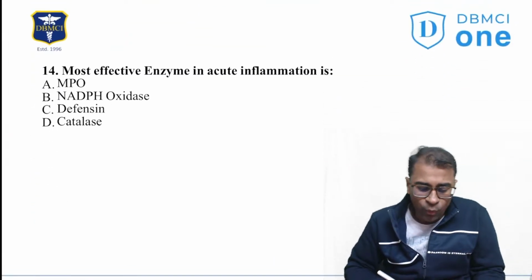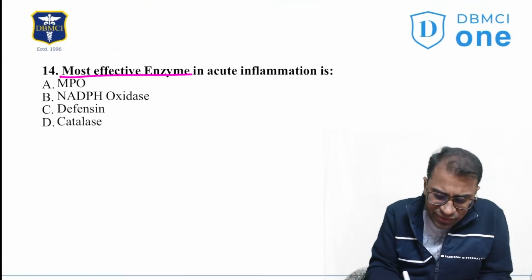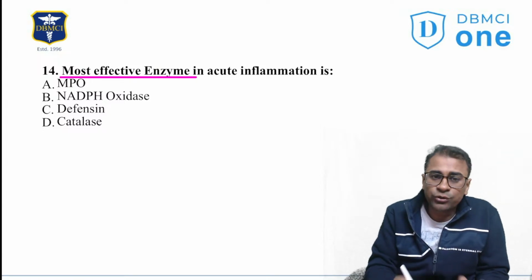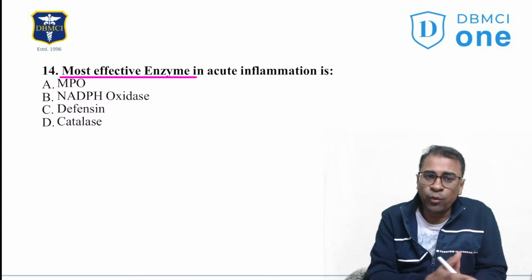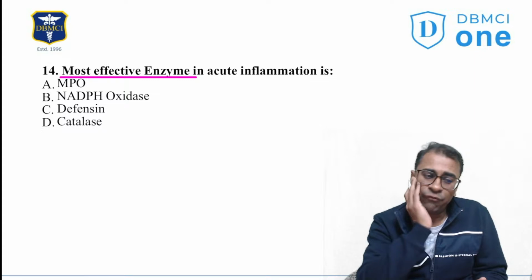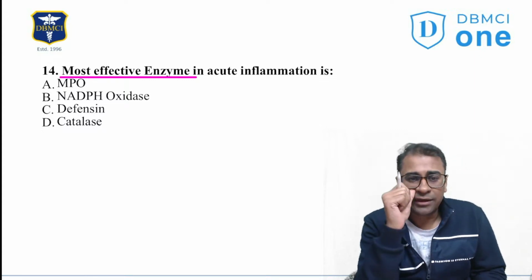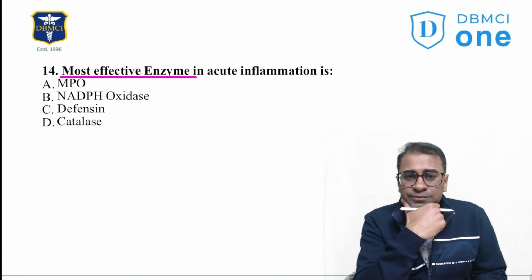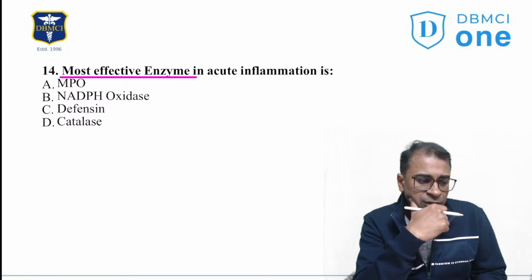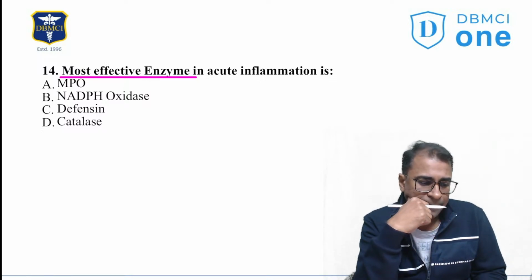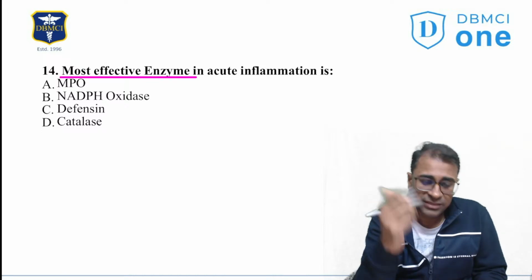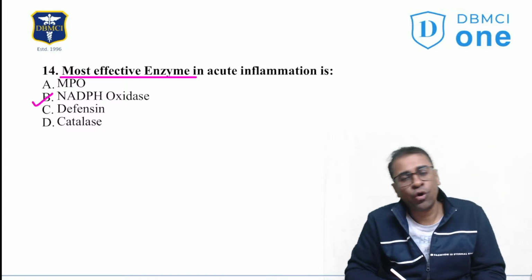Question 14. Most effective is, I told you, this is a very confusing question that came last year. So look, most important, most effective, what answer did I tell you? For those who are listening from the beginning, tell me what answer I told you there. Yes, it is NADPH oxidase.